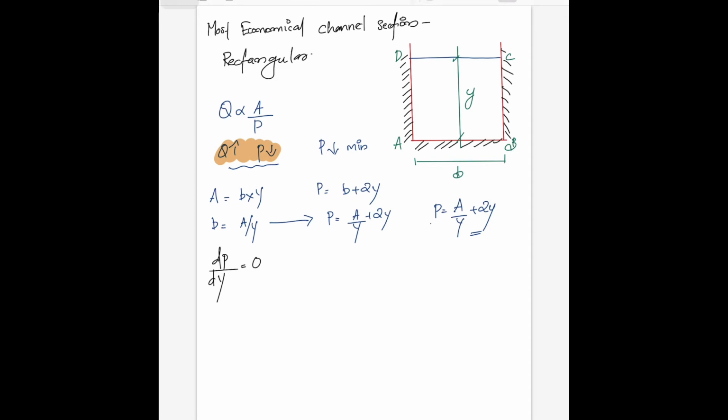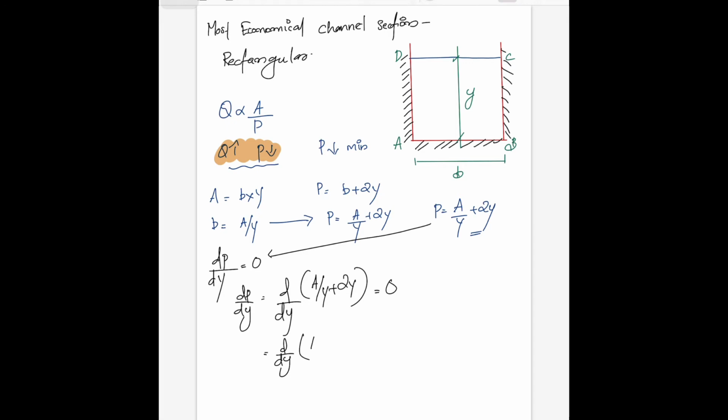Substituting this condition, we can write dP by dy equal to d by dy of (A by Y plus 2Y) equal to 0, which is d by dy of (A y raised to minus 1 plus 2y) equal to 0.